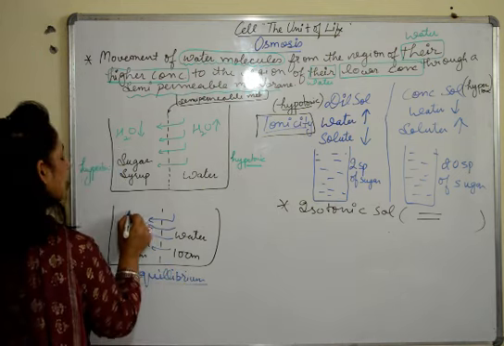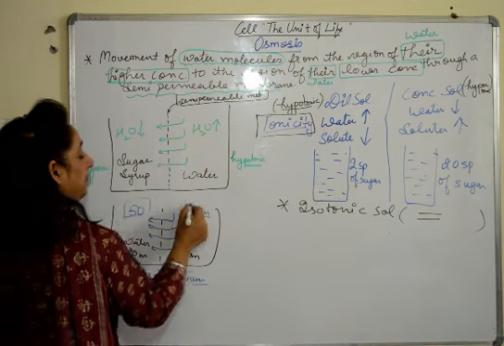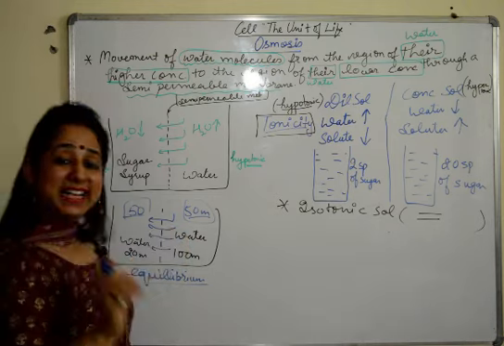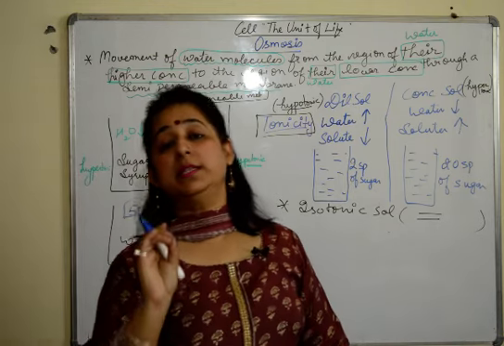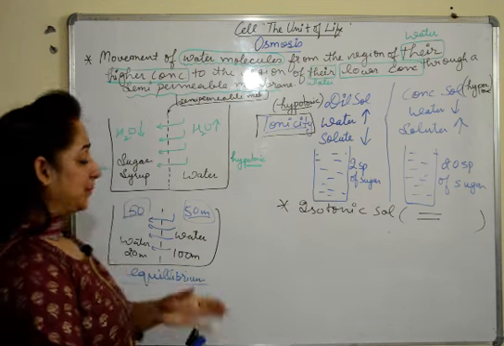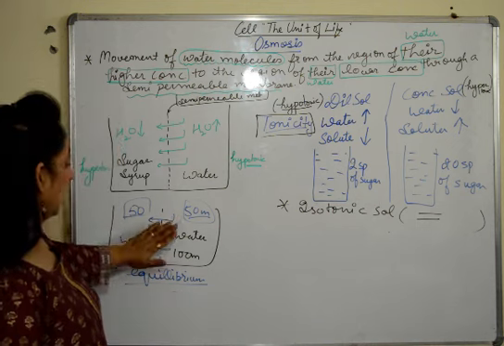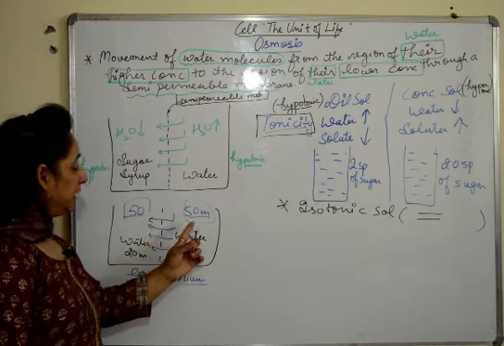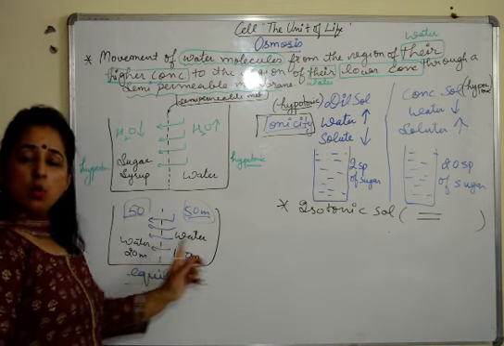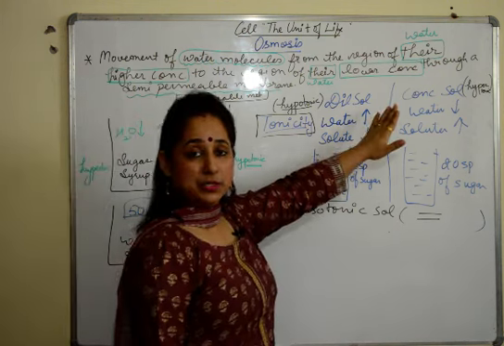That means 50 molecules on this side and 50 molecules on this side, till the solution becomes isotonic on both the sides. So this is how we explain the movement of molecules. Now here the solution has become isotonic. 50 here, 50 here. There is no more or less. So this is the osmosis definition.